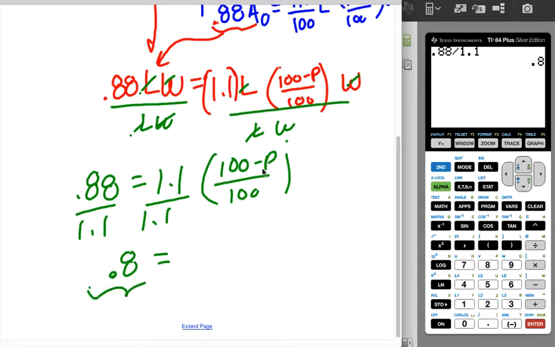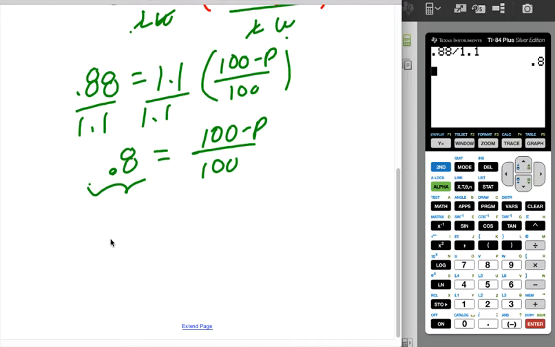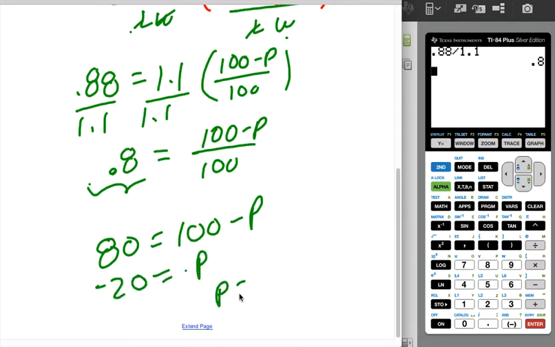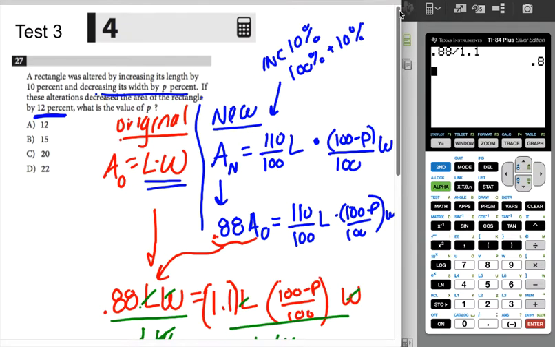So if we're keeping 80%, now you could solve this the other way, but if we're recognizing that this is about keeping 80%, then that means p is 20%. Another way to look at it is you could multiply the 100 over, you'd get 80 equals 100 minus p, you'd subtract the 100, and you'd get that p is 20. So that's how you land at p being 20%, right? We can go back up and pick 20, which is C.